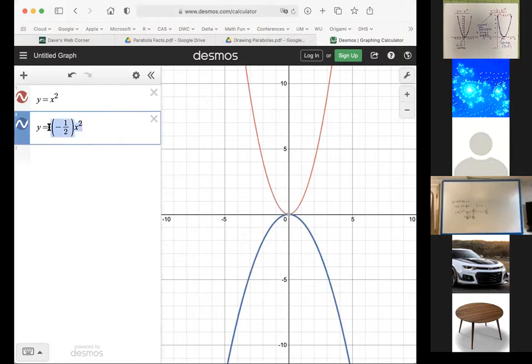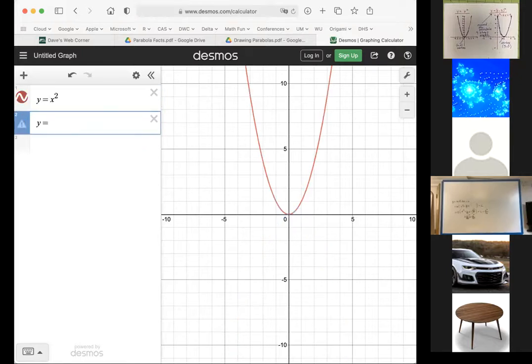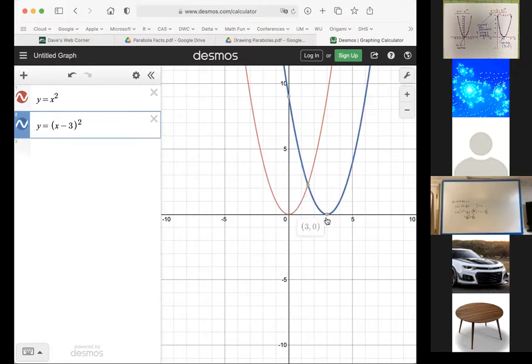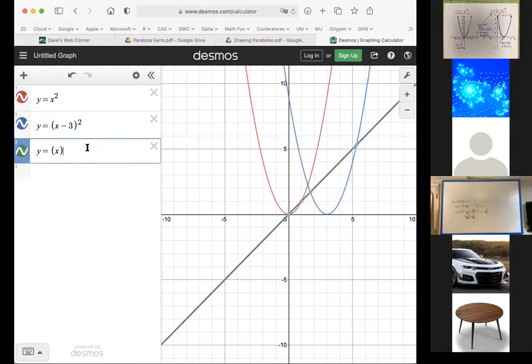Okay, let's play with this. Here's x squared, here's x minus 3 squared. You see how it's exactly 3 units to the right? That means if I wrote y equals x plus 2 squared, you could predict what happens.